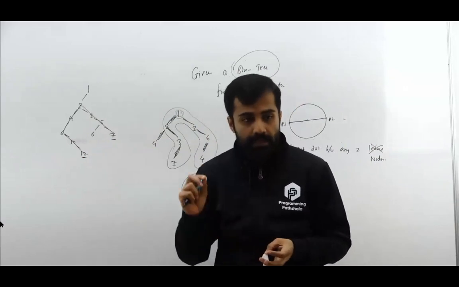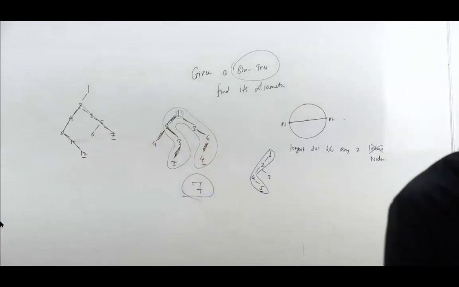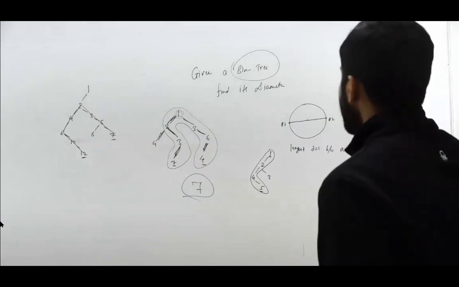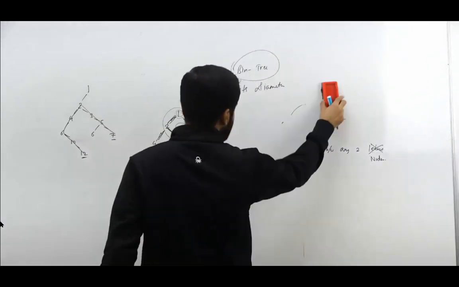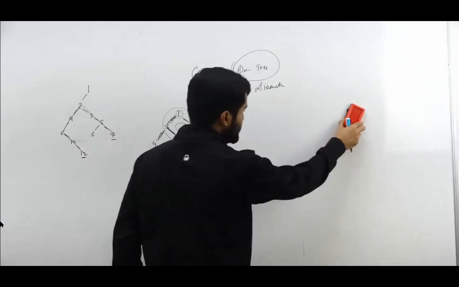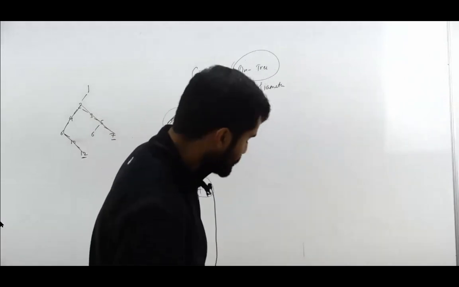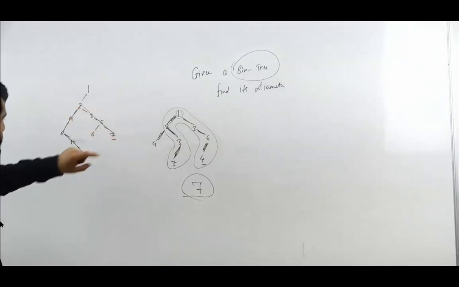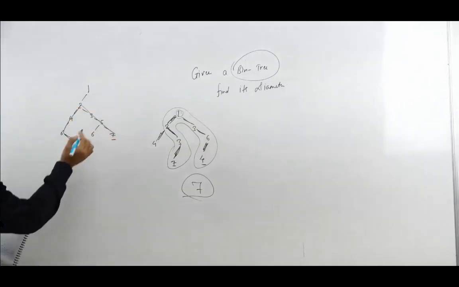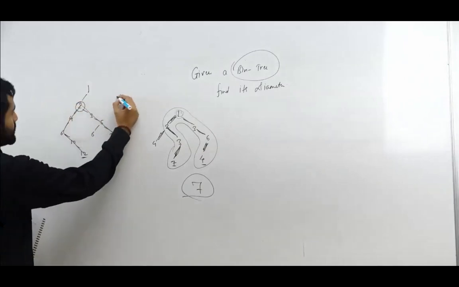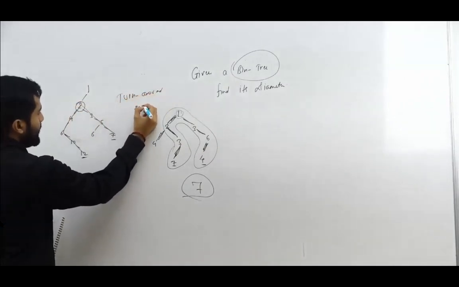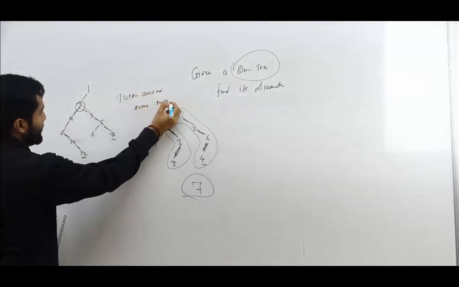That's not known. So let's think of it. It's a well-known but a good problem. If you conceptually understand it, you will be able to solve many questions on trees on your own. So let's conceptually get it. See guys, can I say that diameter will be a path which will take a turn around some node N?